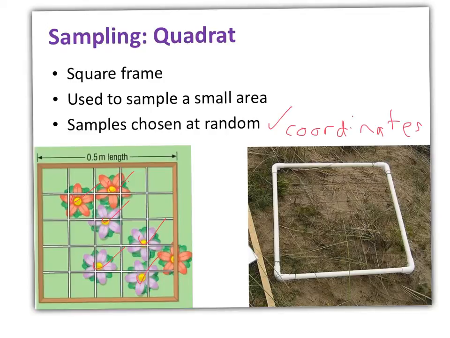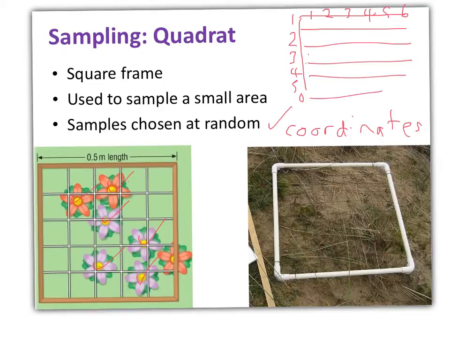Okay, so for example, if this was our field, we could have a tape here, so 4, 5, 6, and we could have a tape running down here. Use a random number generator to generate our coordinates, and then we could say, okay, we'll go 6 and 2, and that is where we would place our quadrat.